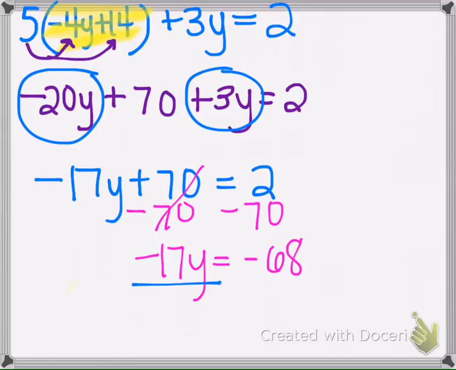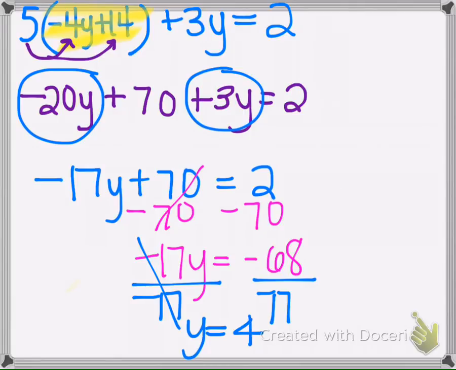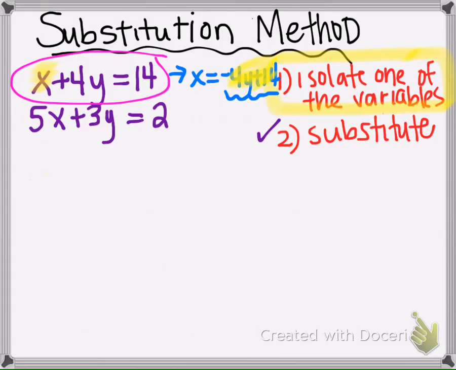And divide both sides by -17. We would get a y value of 4. So we know that if we write our answer as an ordered pair, that the y is 4.